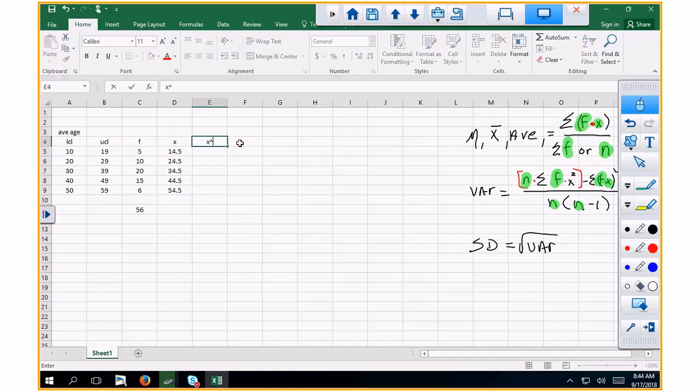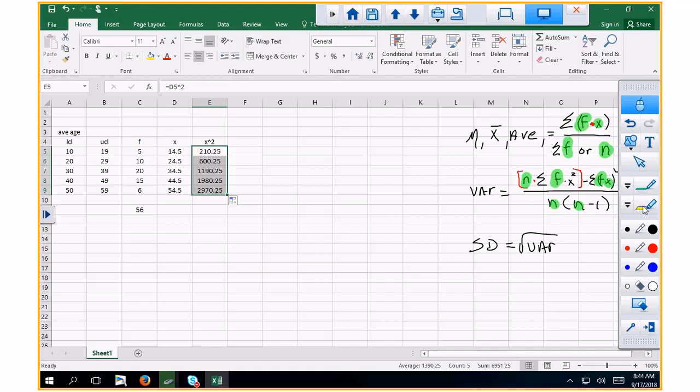X squared. And we're going to take equals this guy raised to the second power. And check your numbers. Make sure your first, middle, and last is the same as mine. Or if you're just saving space, do the first, middle, and last. And make sure you put up here X squared so you'll know what you're doing.